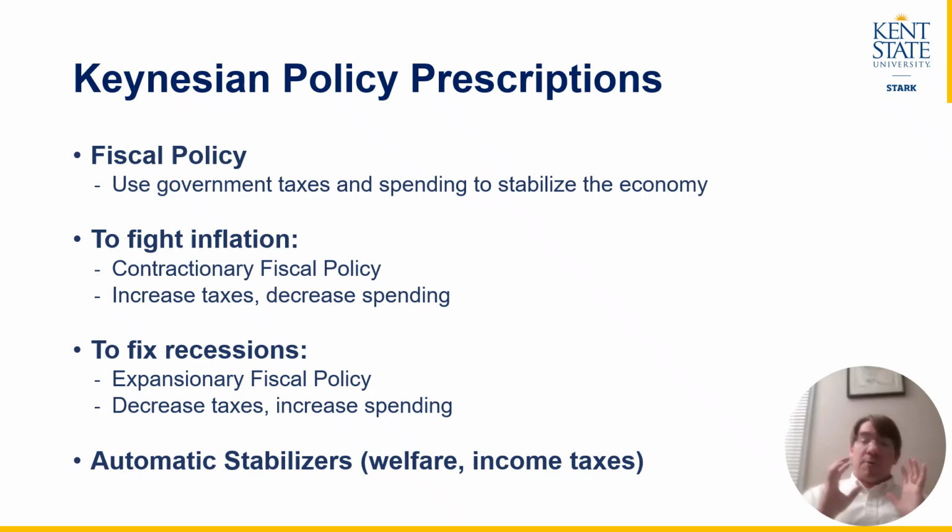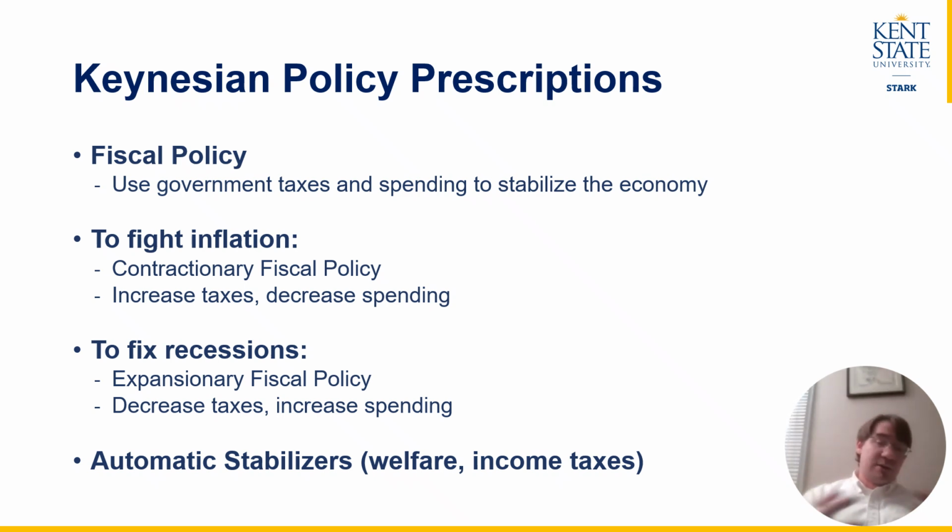So fiscal policy then is the thing that he focused on, government spending and taxing policy. He really thought this would be the effective way that we could treat the economy to try to get it out of the doldrums, out of a depression or a recession. So he says, let's actively use taxation and spending to create stability in the economy.